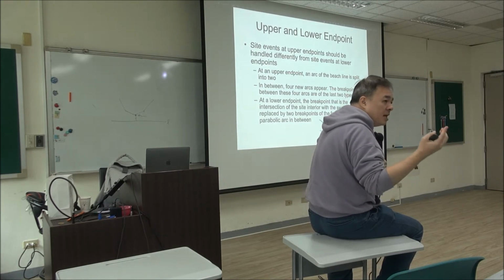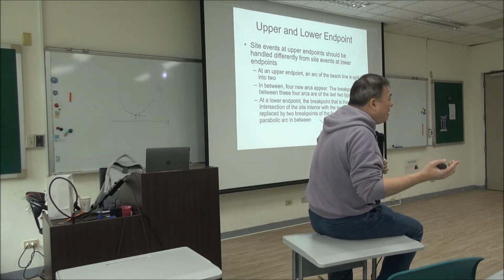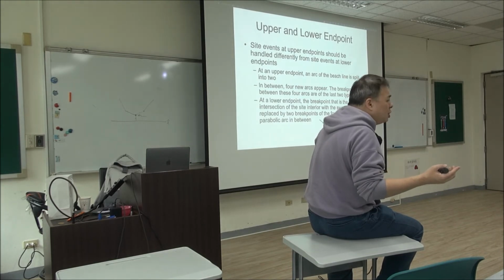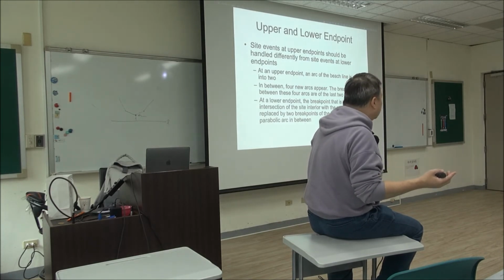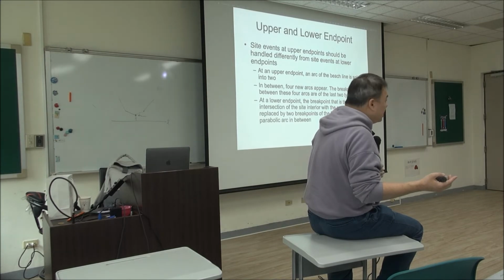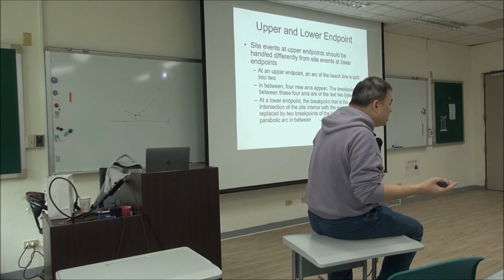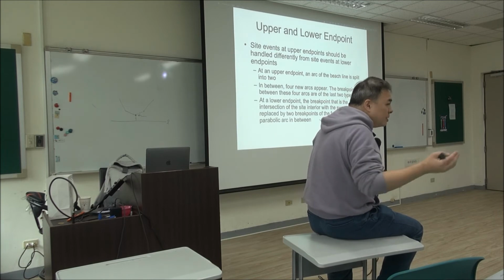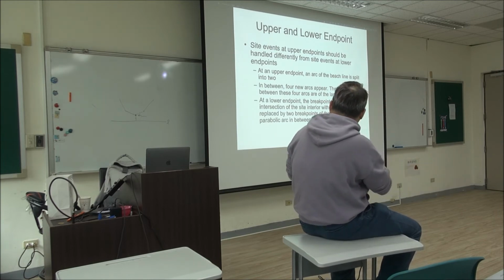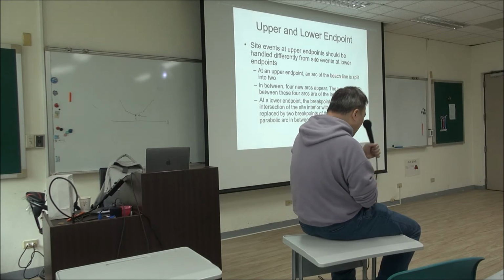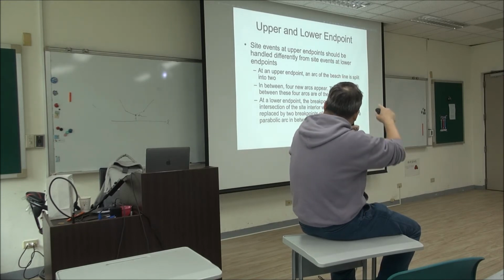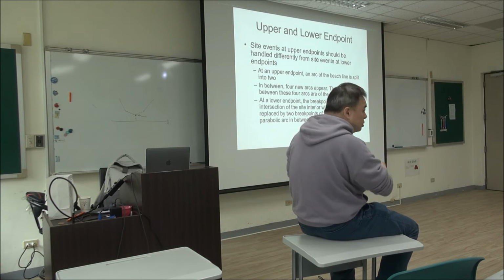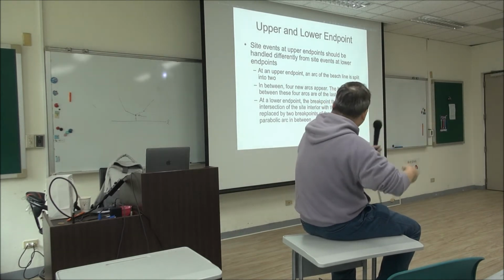It's only the upper endpoint, so it is pretty much no different from a point site. It also breaks the arc on top of that point, so the arc will be split into two.